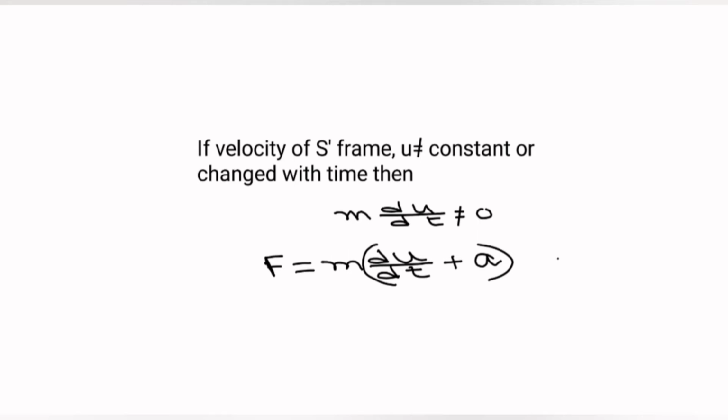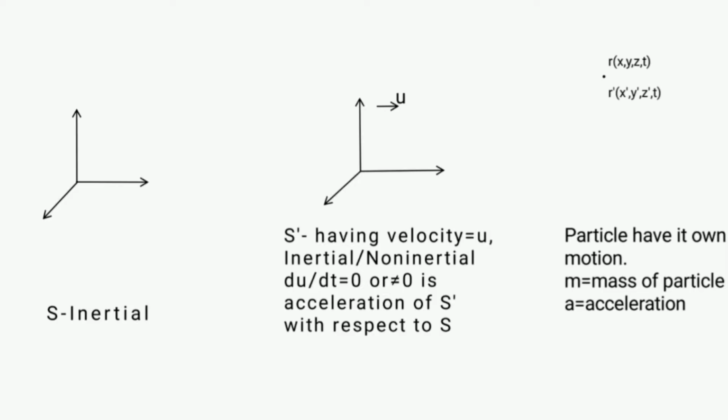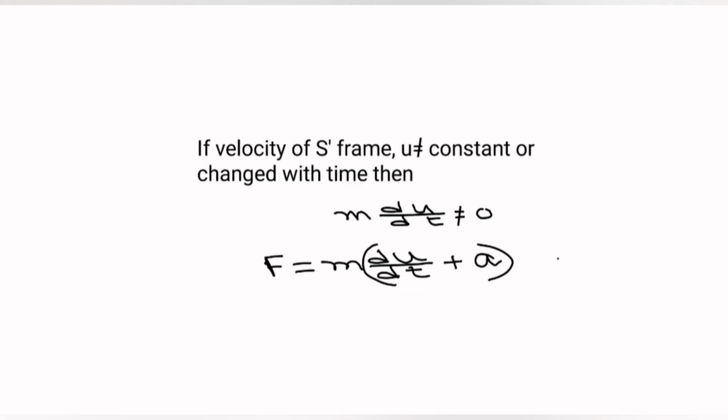Here m du/dt is a force which varies with particle mass. Although the force does not depend on the particle, and neither is there any interaction between them, we are calculating the particle's motion with respect to the accelerated S dash frame.